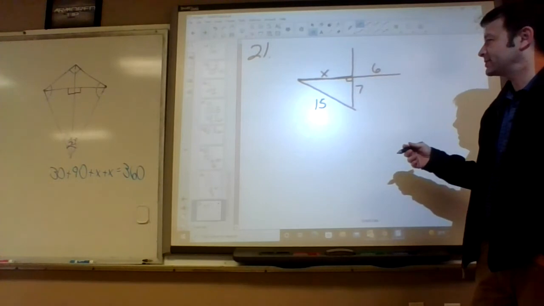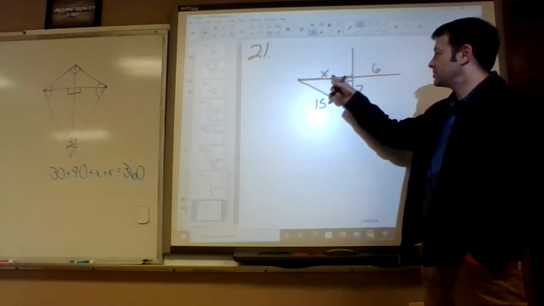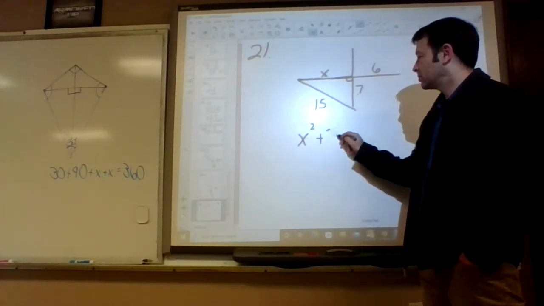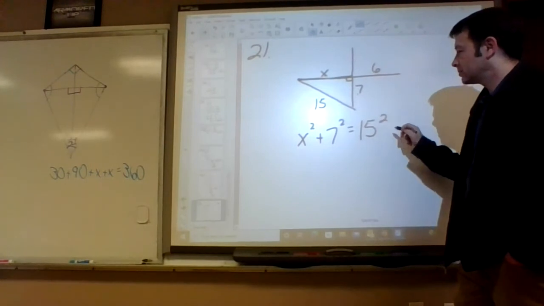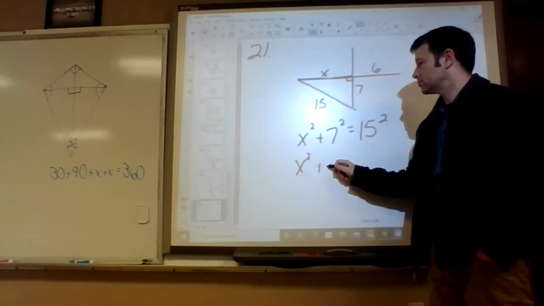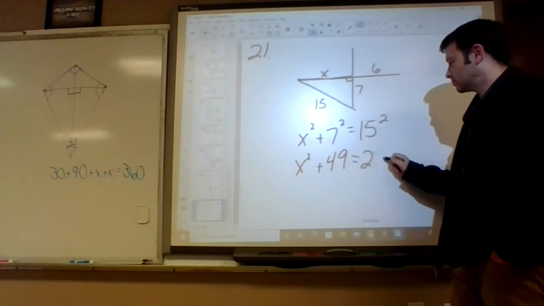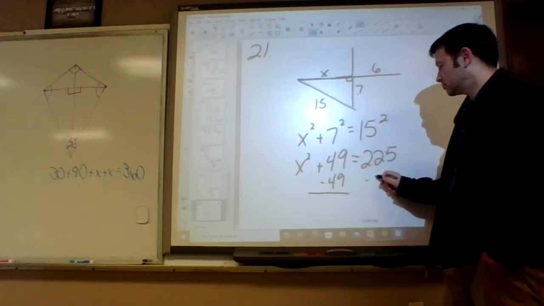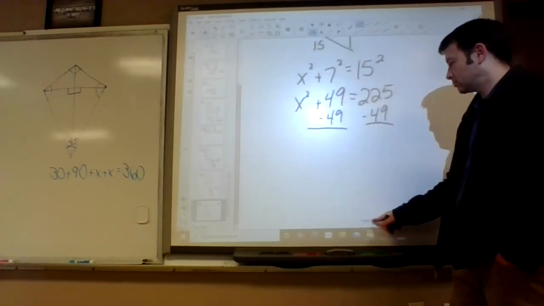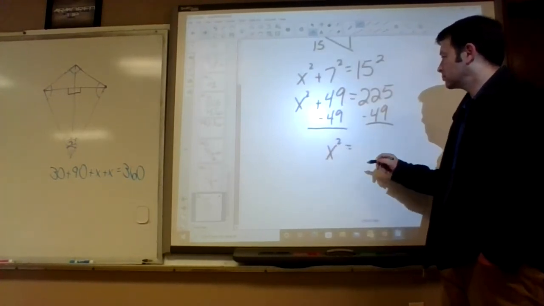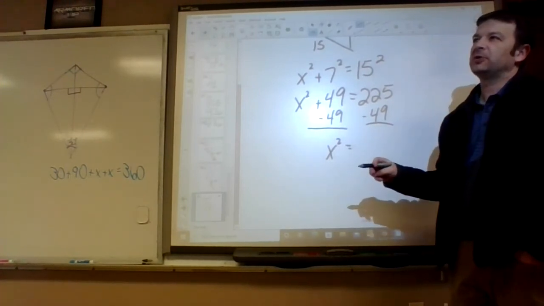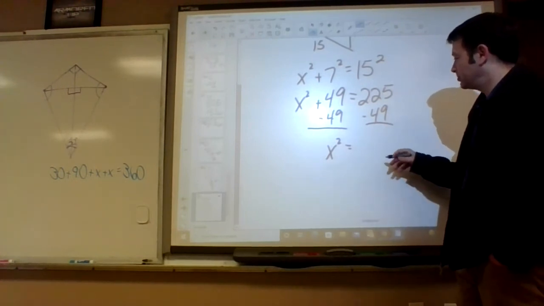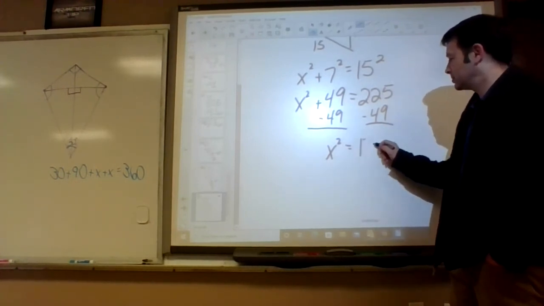Okay, how do I find x? x squared plus 7 squared equals 15 squared. I just remembered on the last problem they actually asked for inches, but too late. What does that come out to? 176?